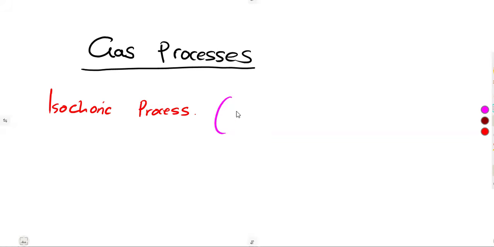So this is the process where we have got constant volume, meaning to say V1 will be equal to V2. In this case, if the volume is the same, it simply means we do not have a change in volume.